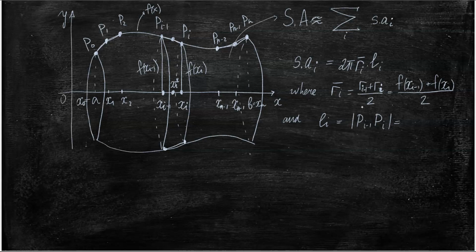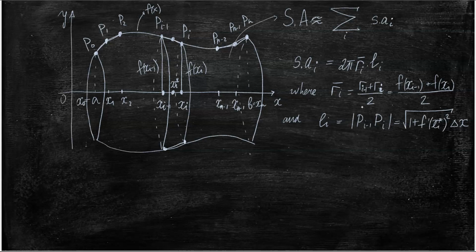It's going to be the square root of 1 plus f prime x i star squared, times delta x. And we're also going to make the following observation.